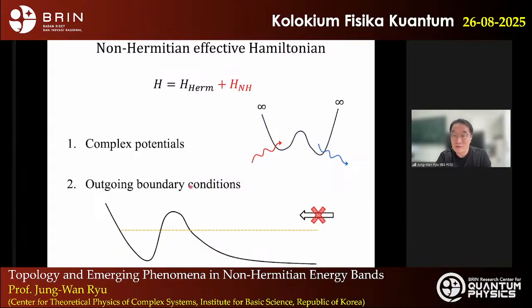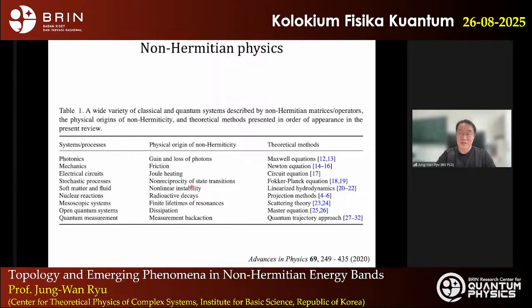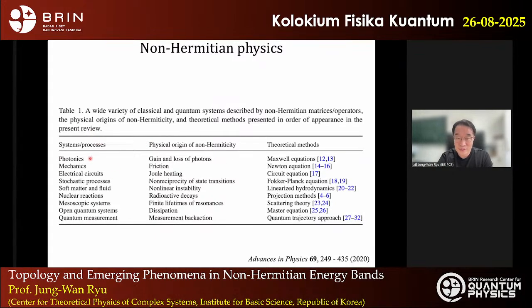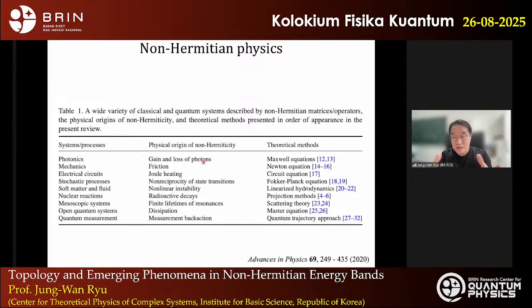Using this non-Hermitian effective Hamiltonian, we can describe many different physical systems: photonics, mechanics, open quantum systems, and mesoscopic systems. In that case, the physical origin of non-hermiticity is different depending on the system. In the photonics case, it is gain and loss of photons. Sometimes this is realized by the dielectric interface, or by the absorption of the material, or lasing amplification.